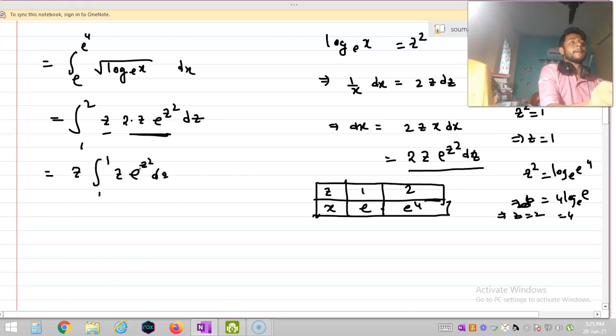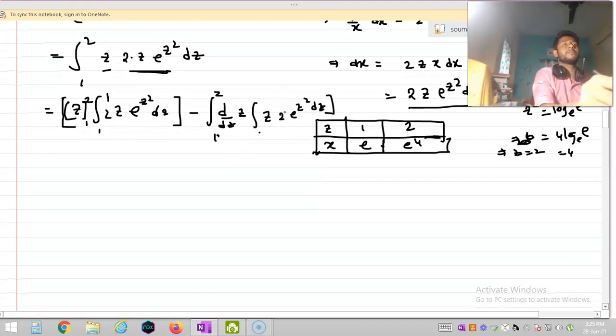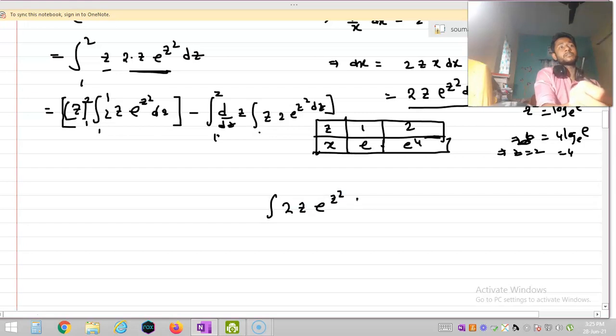So it is the limits 1 to 2, and then minus the integration from 1 to 2 of d/dz of z times the integral of 2z e to the power z square dz, with a factor of one half. First of all, let us find the value of this integration, the integration of 2z e to the power z square dz.